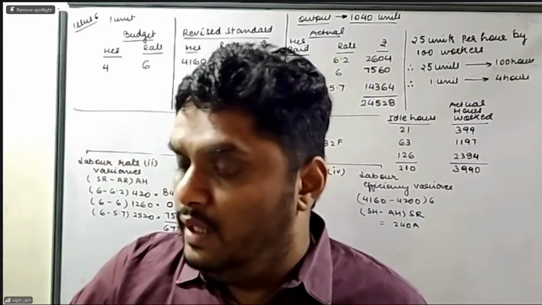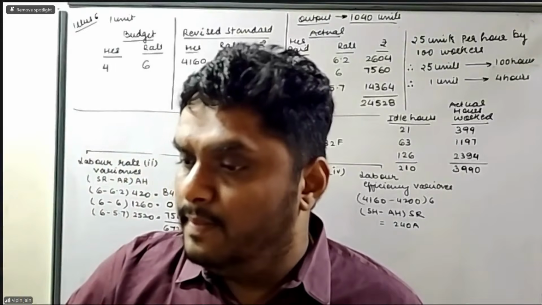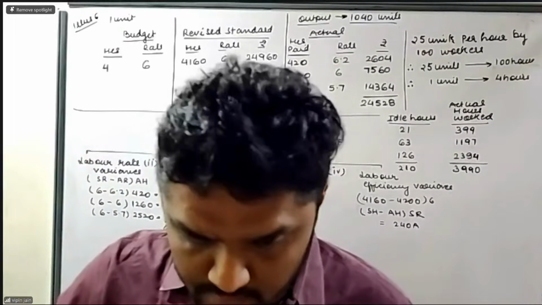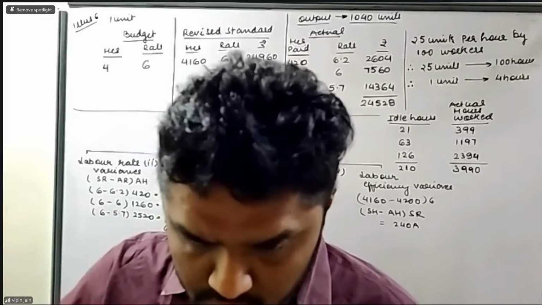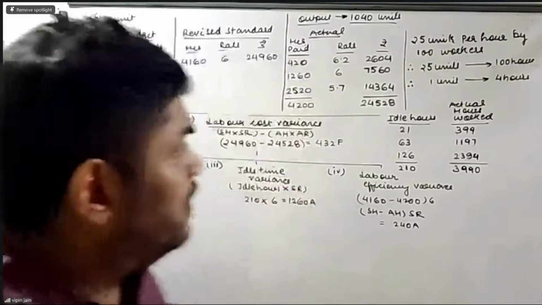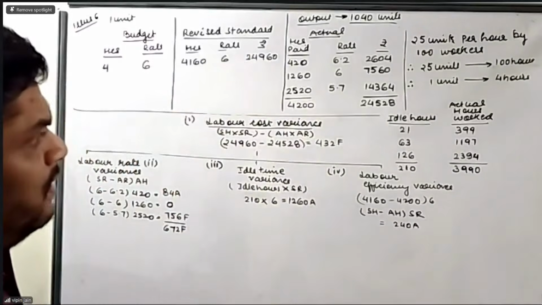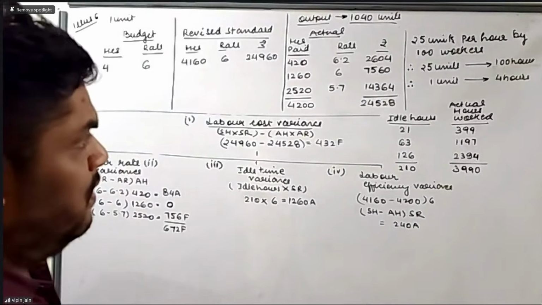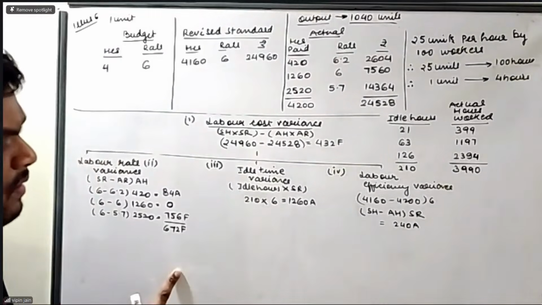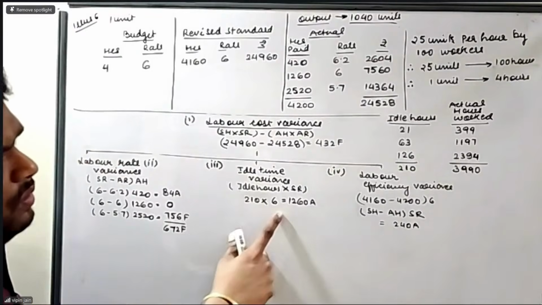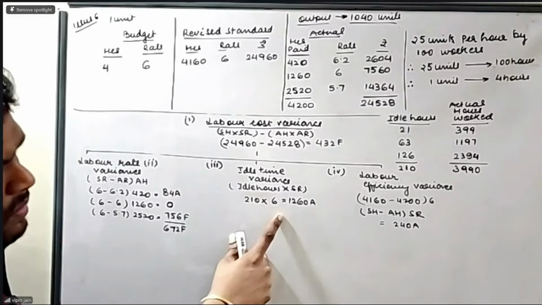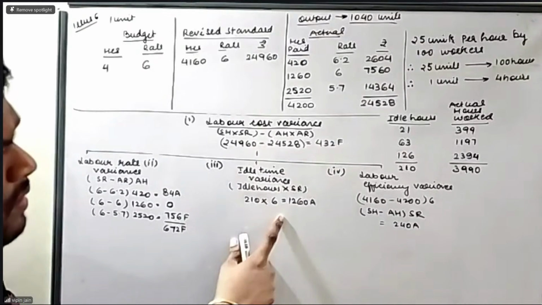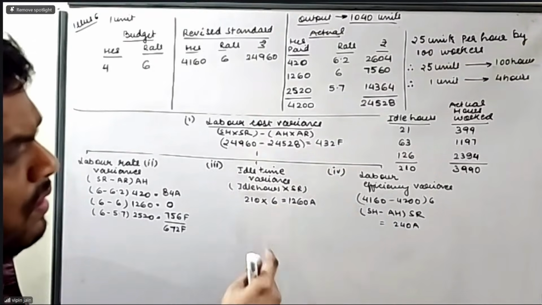Okay. Anything else? Sir, if we do the calculation over here, it shows 828 adverse. Where? Here, 1620 plus 240, minus 672. Labor efficiency should be 4160 minus 3990, right?